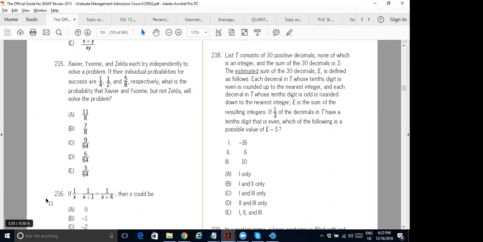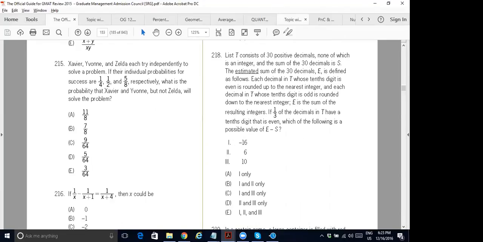Now, when they are saying S is the sum of 30 decimals, it will be the actual sum. And when we say E is the estimated sum, they have given the process of estimation. We are also given that 1/3 of the decimals in T have a tenth digit that is even.